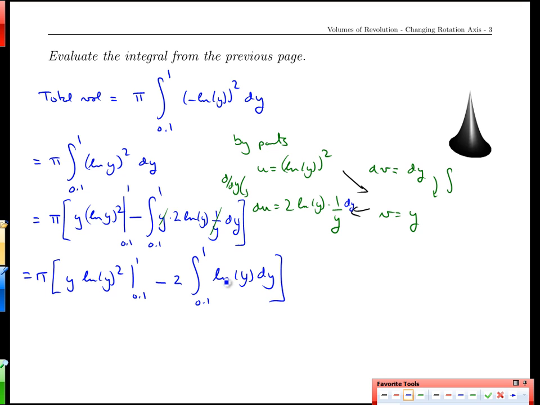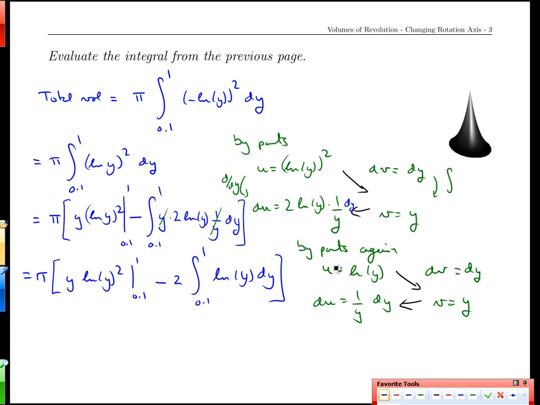Well, in fact, this is one of the first integration by parts examples we did, at least one of the more interesting ones. We can do it by parts again, with another application, and this time with u equal to ln of y, dv equal to dy again. Once we pick that, the derivative is 1 over y dy. The integral is y, and we have our mix.